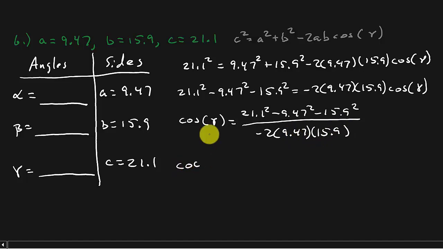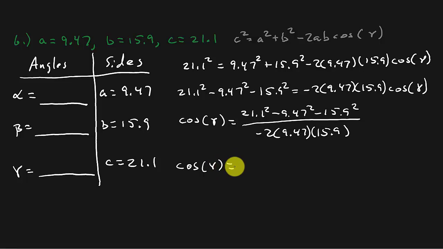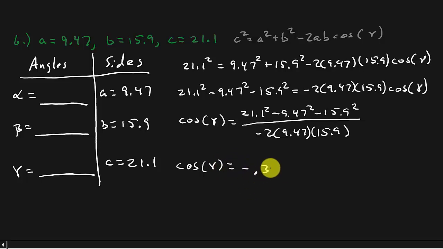And so I get cosine gamma equal to negative 0.34109402.